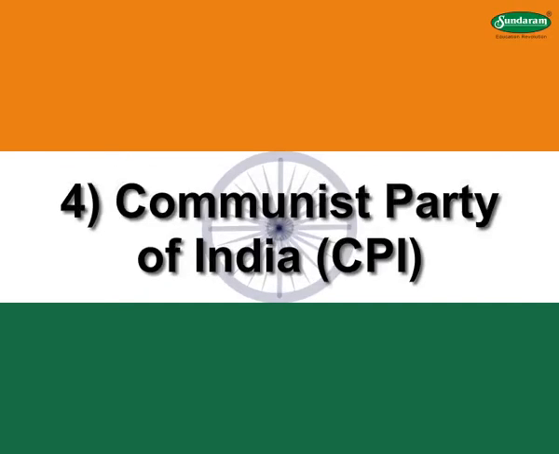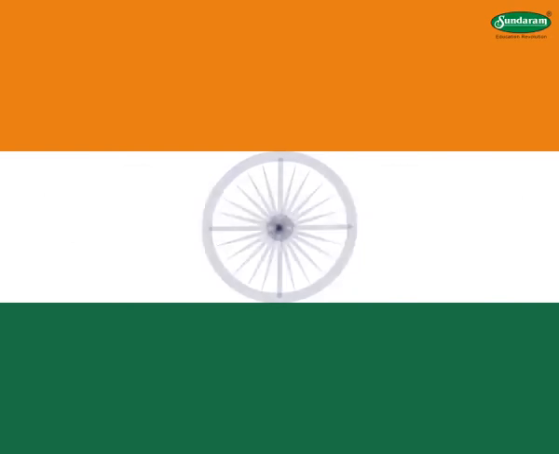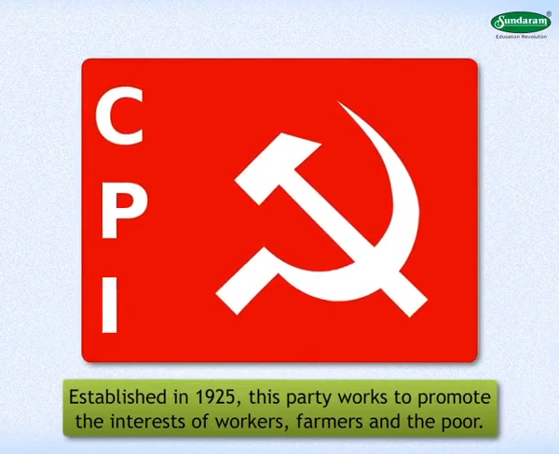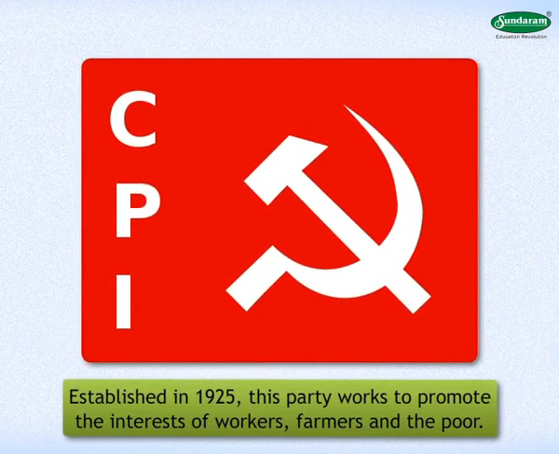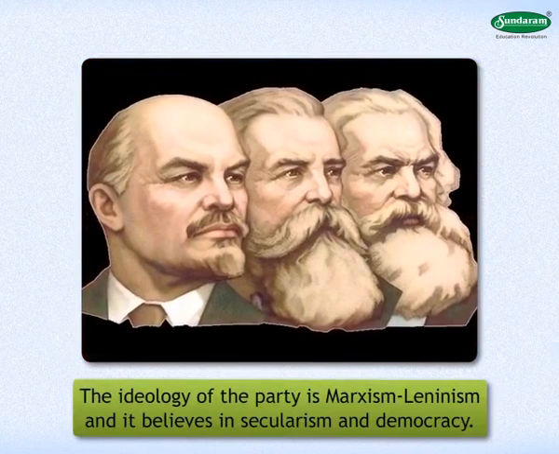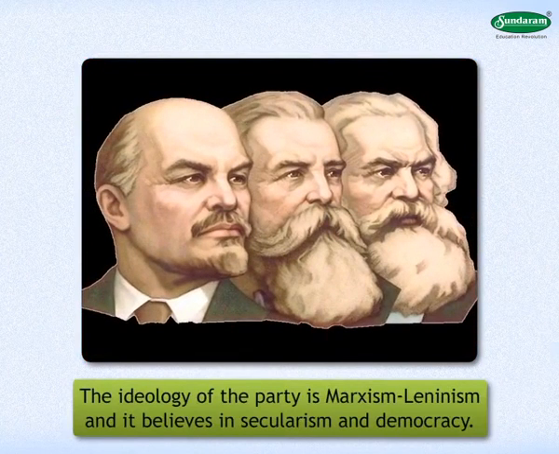4. Communist Party of India. Established in 1925, this party works to promote the interests of workers, farmers, and the poor. The ideology of the party is Marxism-Leninism, and it believes in secularism and democracy.